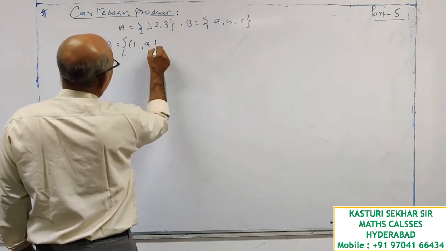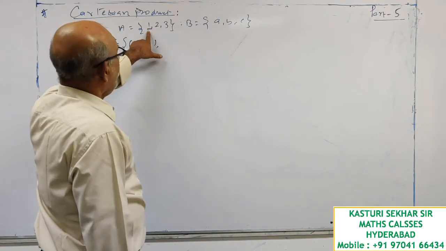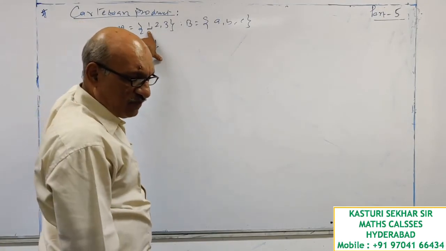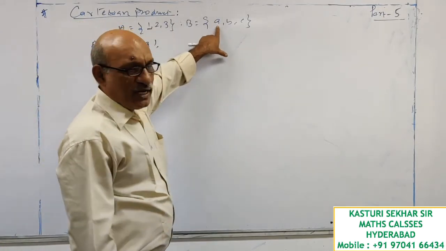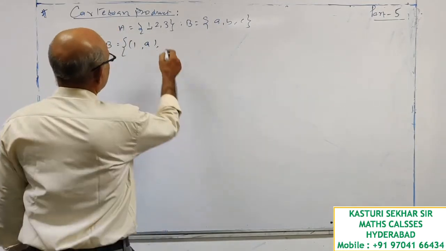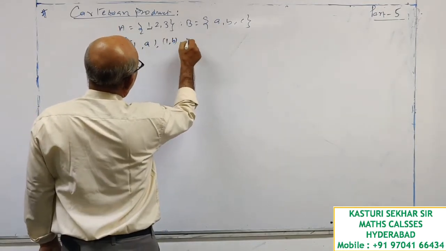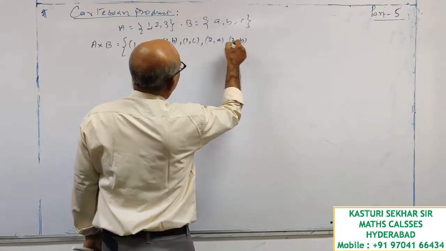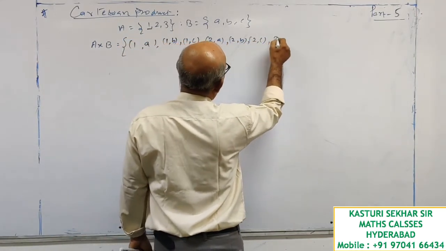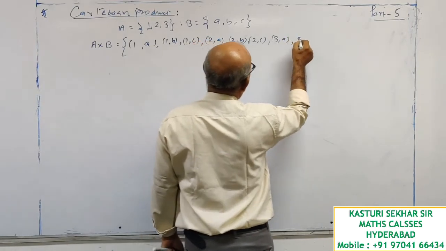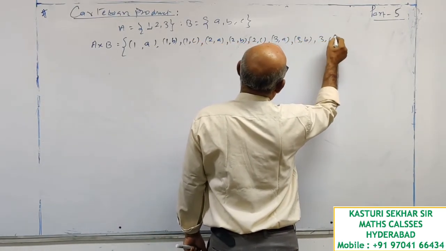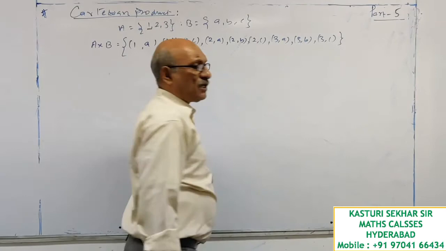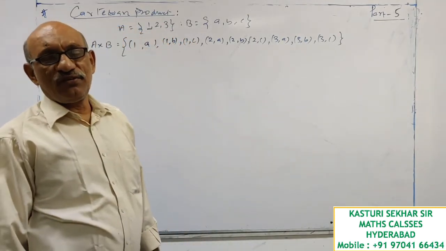Second element is always from the second set. This is the Cartesian product of two sets A and B.